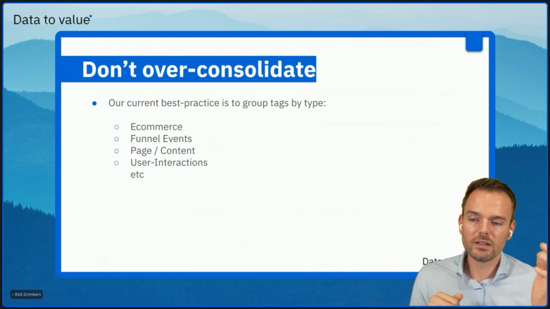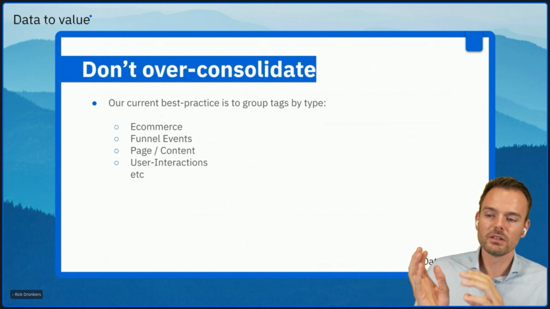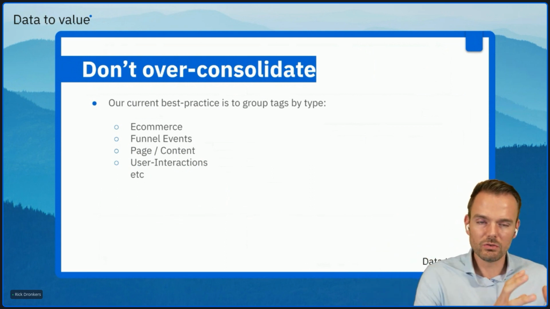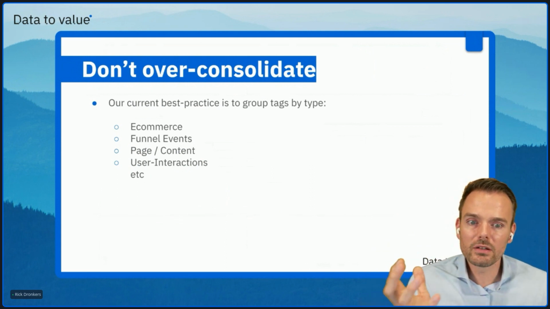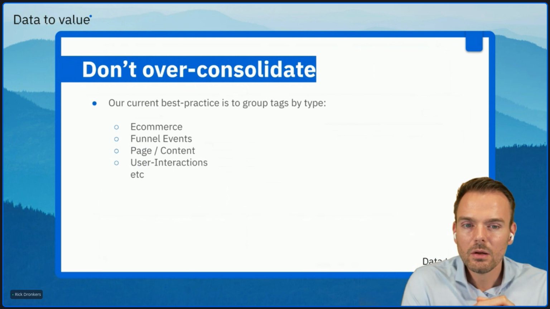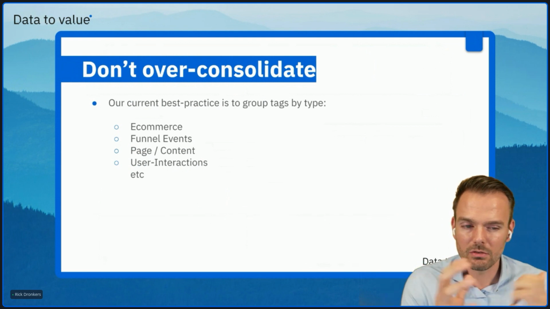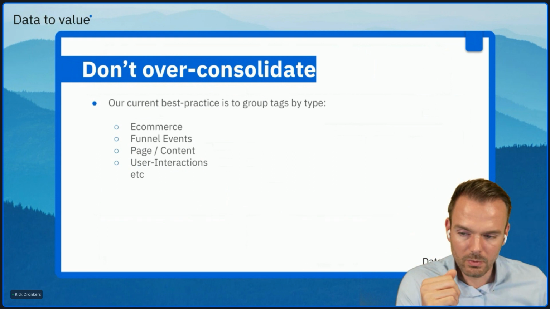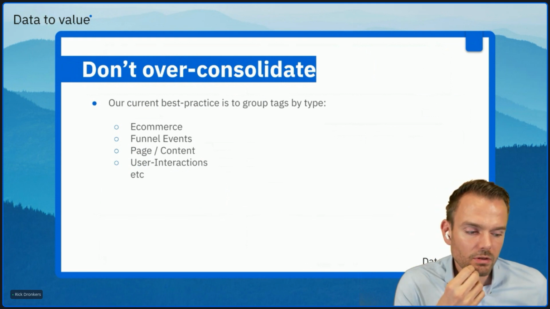So what we tend to do right now is we consolidate the e-commerce events, we consolidate funnel events, the page content related stuff, the user interactions, depending on how large the container is, right? But this consolidation will really help you with maintenance, with making sure that there's less human error because there's less copy pasting going on.